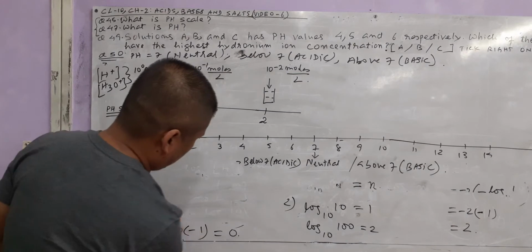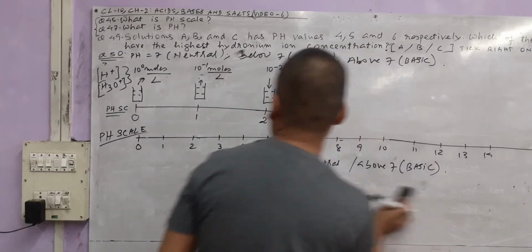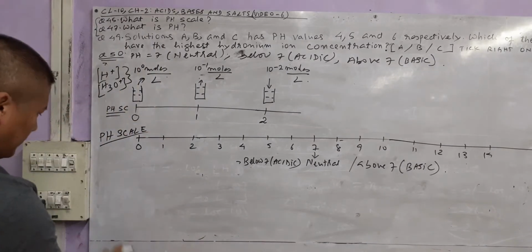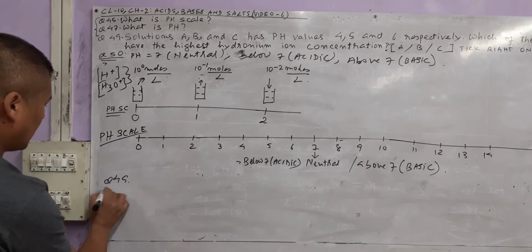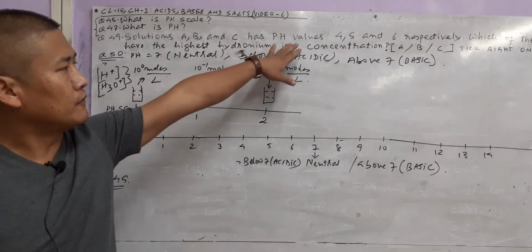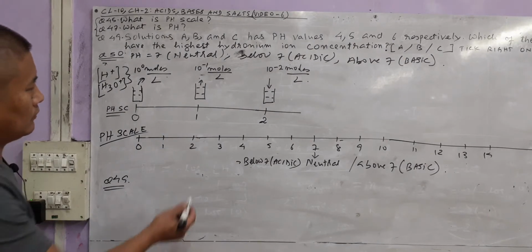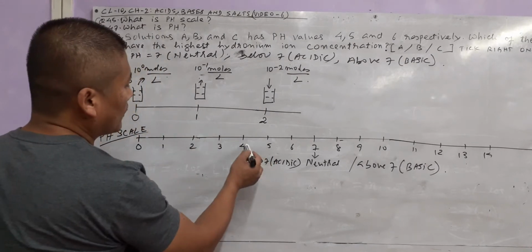Now there is a question on your tuition note that reads like this, and let us do this here. Below the thing that you've written, you write question number 49 on your note, and here solutions A, B, C have pH values 4, 5, and 6. Okay, so that means here 4, 5, and 6.